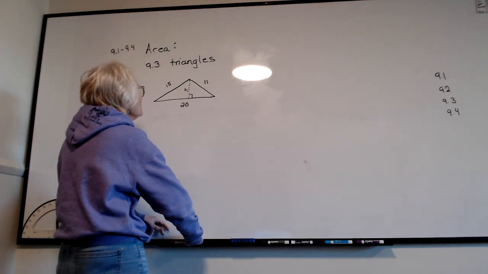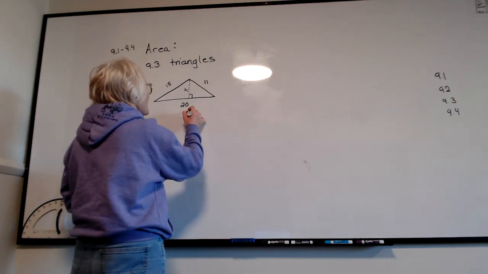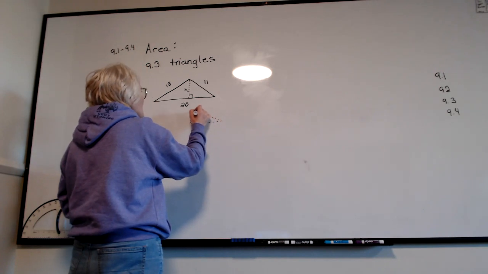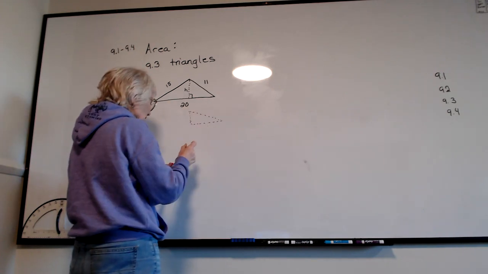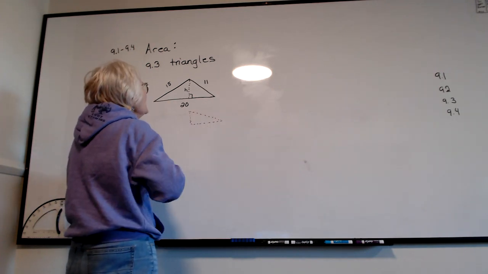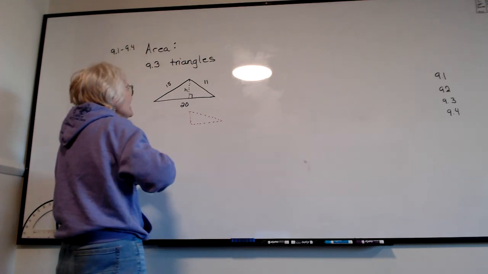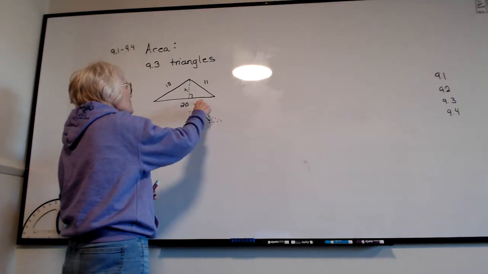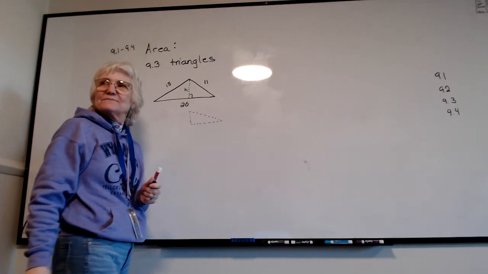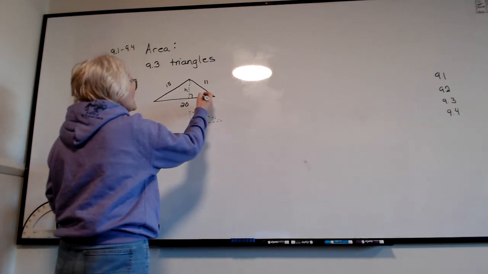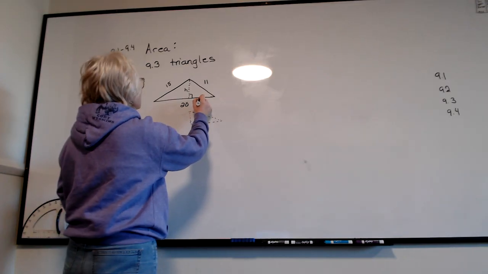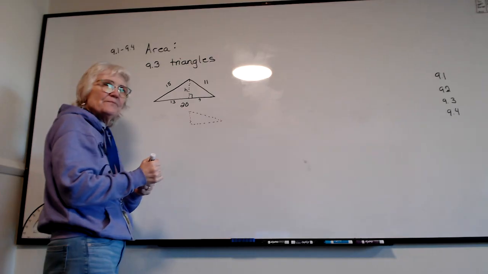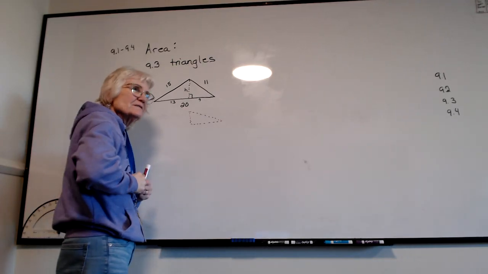If I choose that one on the right-hand side, we need to know something here. That's 20. We also need to know how much this is split into. We need to know these two parts. So let's say that this one is 7 and this one is 13. So I have to know that. Okay.